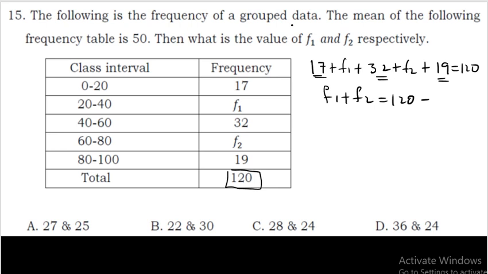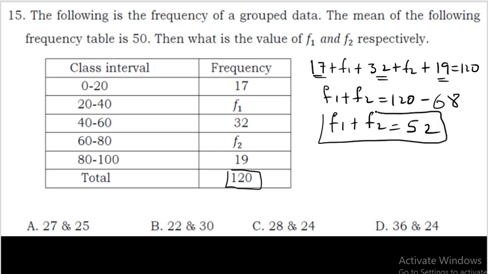So what is the sum of these numbers? 68. So when you take the difference, F1 plus F2 will be 52. Keep it. This is one equation that we have. We need to find two variables, F1 and F2, so we should have two equations.